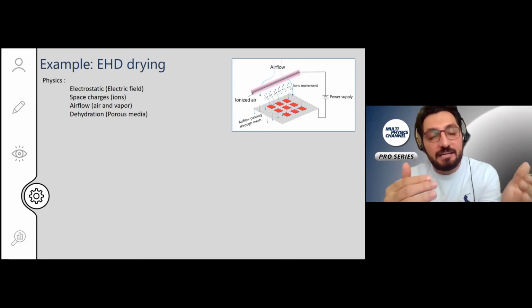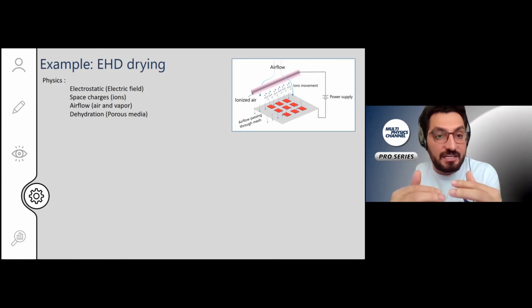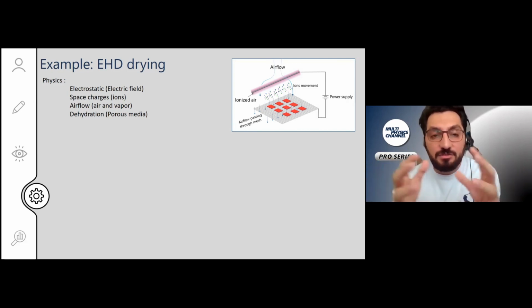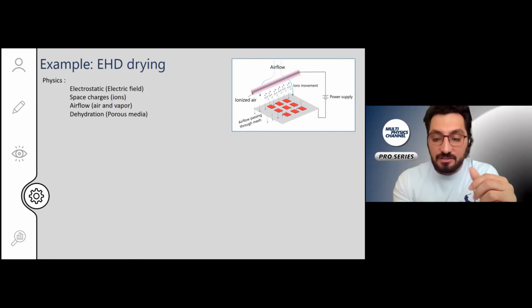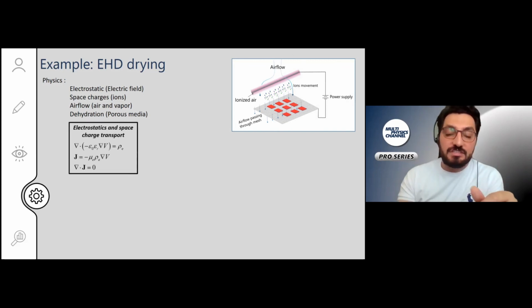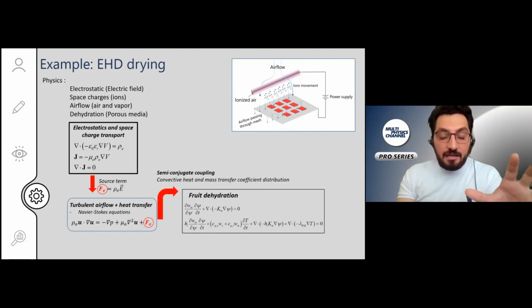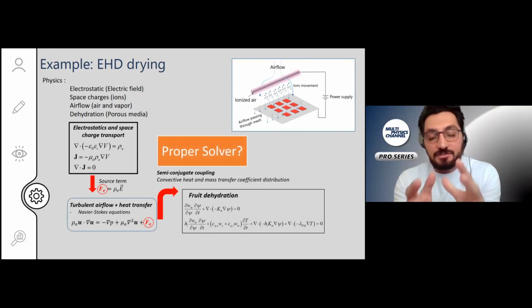So you can see we have different physics here: electrostatics, space charge, ions that move towards the collector, airflow, air and vapor, dehydration in porous media, and all this physics. So it's a complex problem, and I have to solve all these equations for this physics to get the answer.